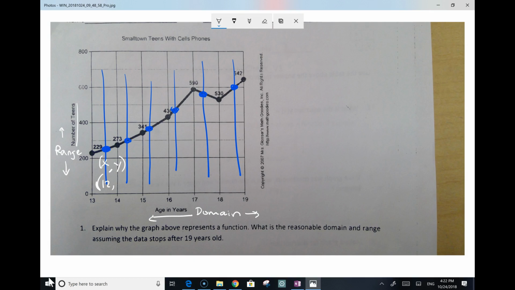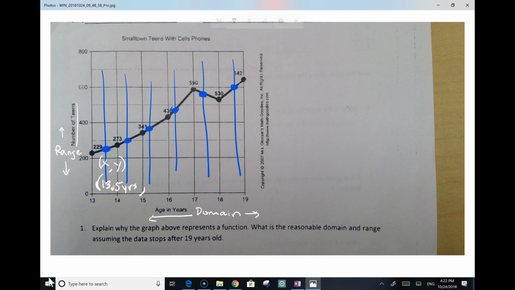So that input of 12 years corresponds to only one total number of teens at the age of, excuse me, this is not 12, pardon me. This would be 13.5. Sorry about that. Make this correction. So this is 13.5 years.